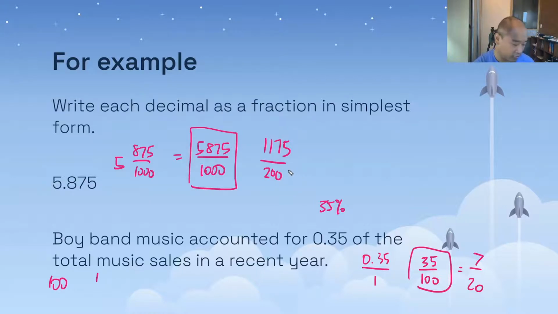But we could divide both by 5 again, which is 235 over 40. And divide by 5 again, which is 47 over 8. Yeah, 8. And that's as far as we can take it. 47 over 8, 7 over 20.